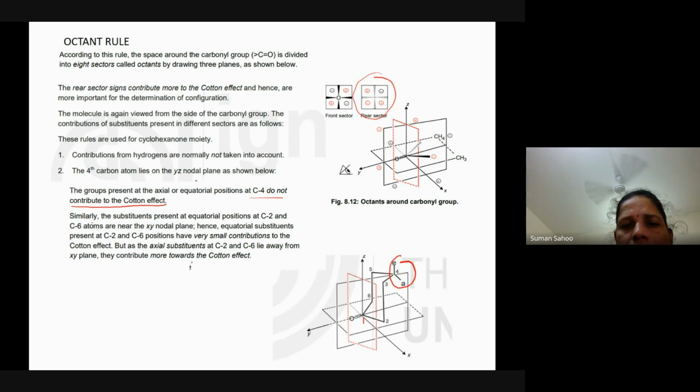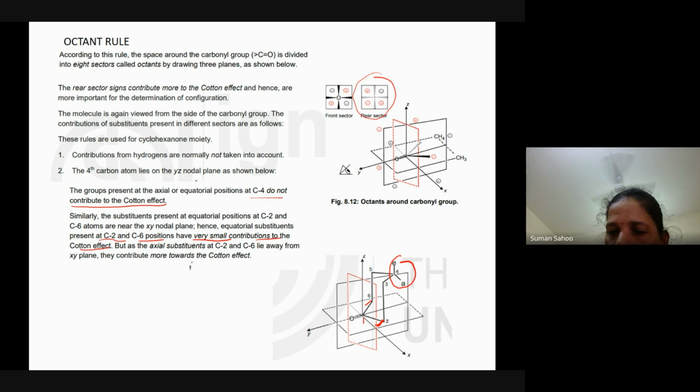Next, similarly, the substituents present at C2 equatorial position and C6 equatorial position are near the XY nodal plane. Hence, equatorial substituents present at C2 and C6 positions have very small contribution to the Cotton effect.